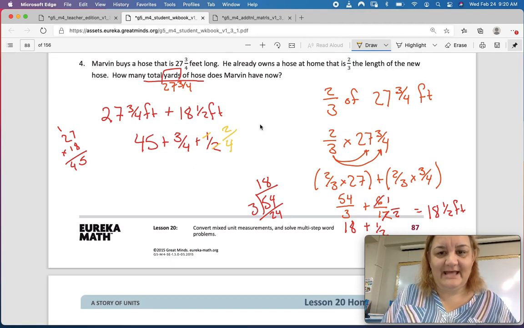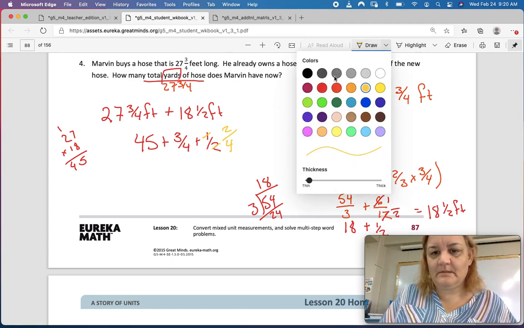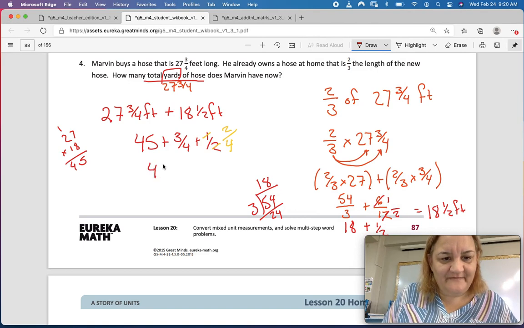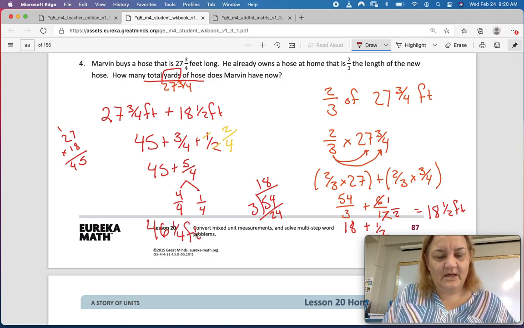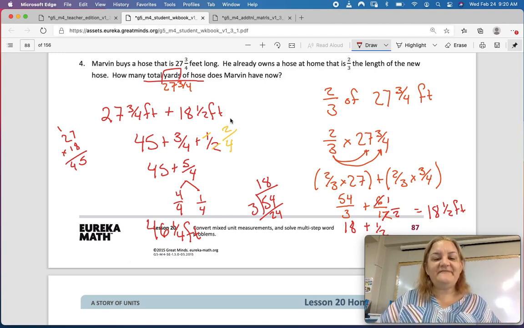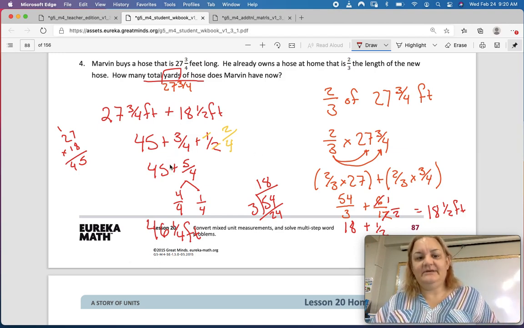Okay, now I can add those together. So 45 and 5/4. Well, 5/4, I can make that into 4/4 plus 1/4, which would equal 46 and 1/4 feet.